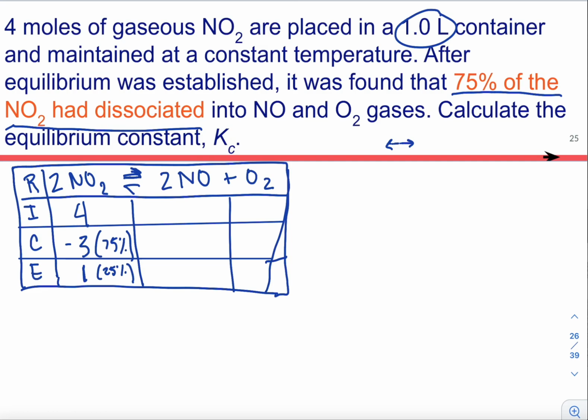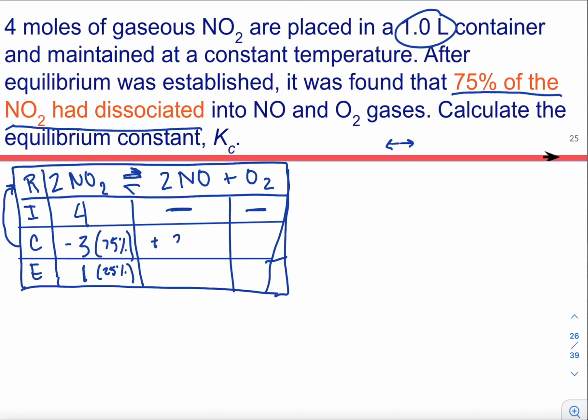Now, once we have that, we do the same thing we did before. We have no NO or O2 to start, because it's not mentioned at all at the beginning here. Our change goes according to the reaction. If we have a 2NO2 here, and we have a 2NO, that means the change is going to be the same magnitude, just different signs.